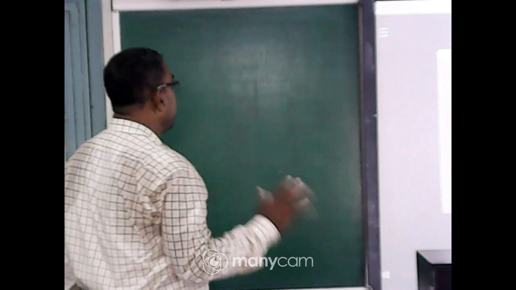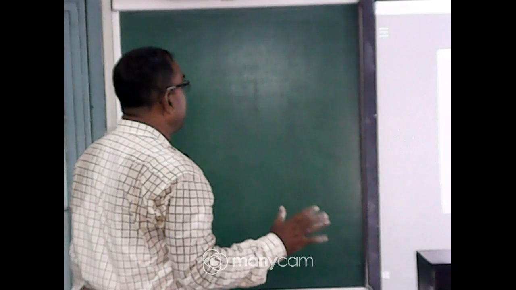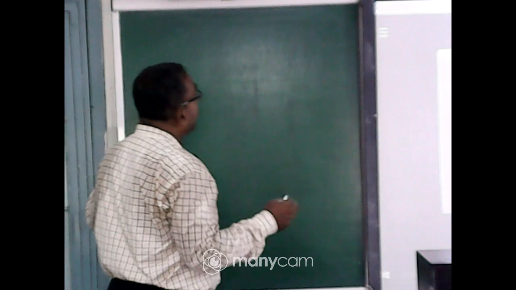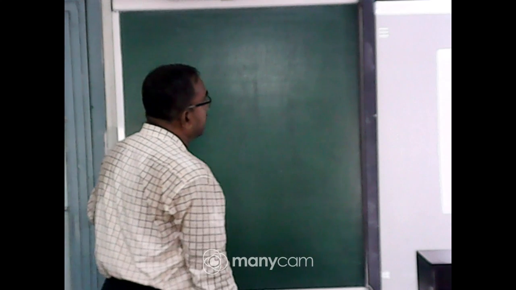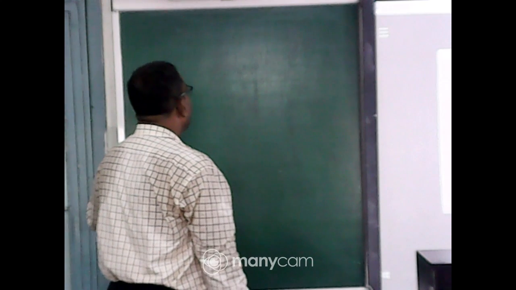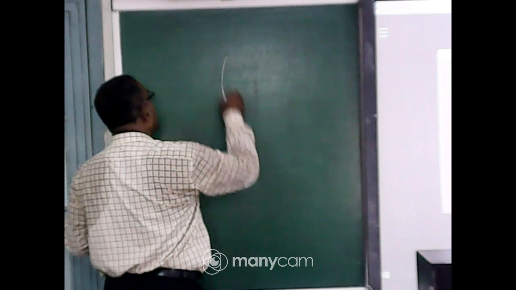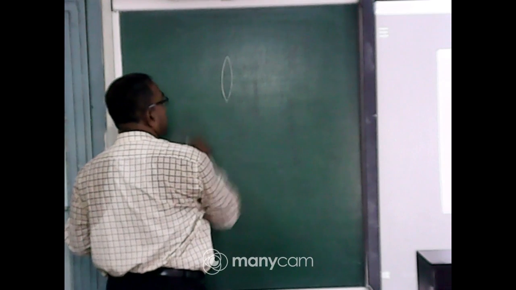So my dear student, again I repeat it, the sign convention, you must be sincere about it, because you know it from your previous class. Okay? The combination of the lens. Next is the refraction through the prism and lens, so many types of questions are there. Suppose you know it is a convex lens.